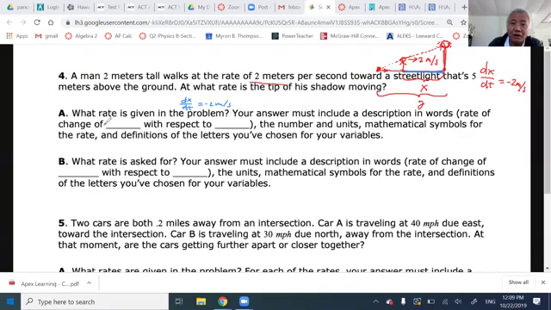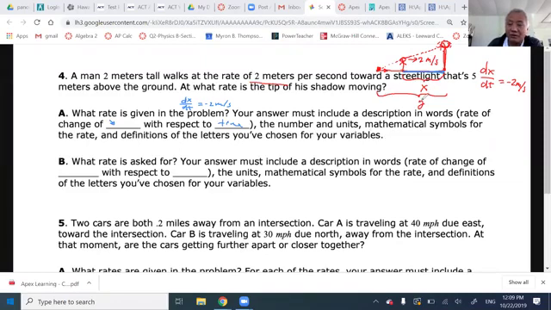The rate of change of the distance between the person and the street light with respect to time. The number and the units, mathematical symbols, the rate, and definitions of the letters you have chosen for the variables.